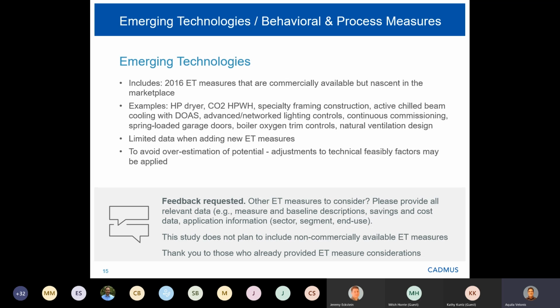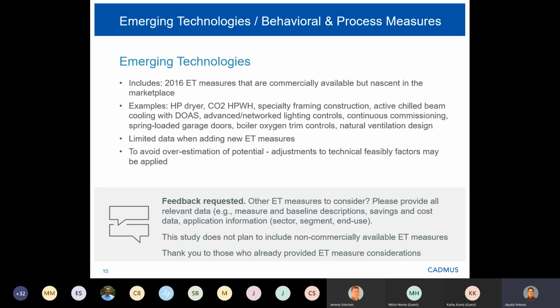Here are a couple of examples. We have heat pump dryers, advanced heat pump water heaters, advanced dedicated outdoor air systems, and network lighting controls, for example. And in some of the feedback that we've received on the measure list already, there were suggestions about additional emerging technologies to include. So thank you for that information.